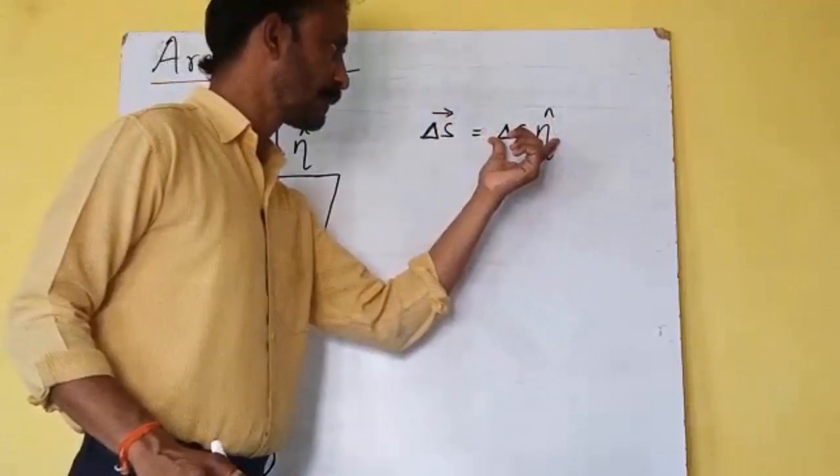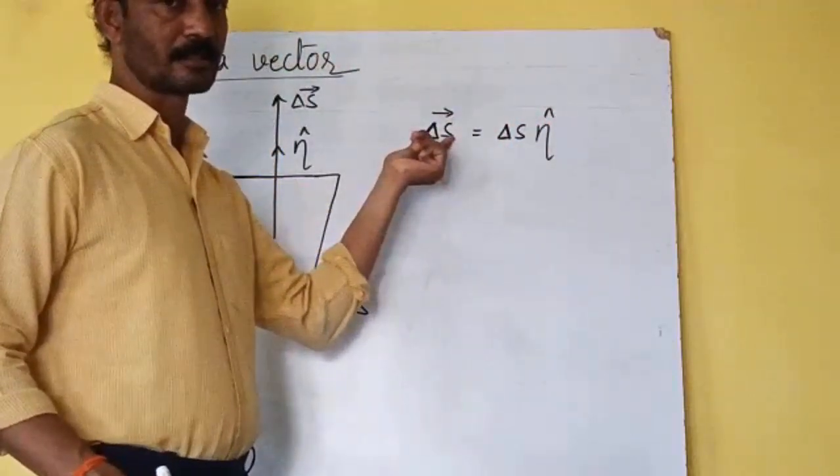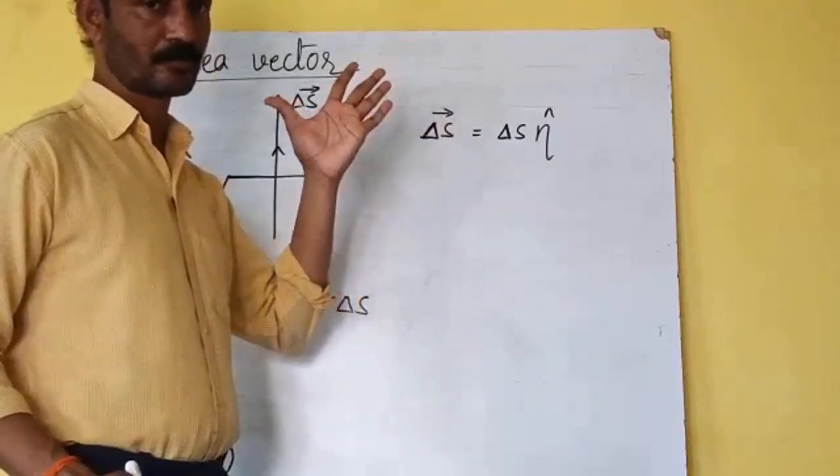So delta S into eta cap gives the area vector delta S.